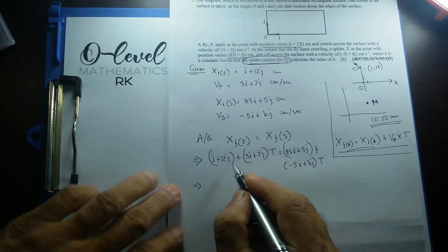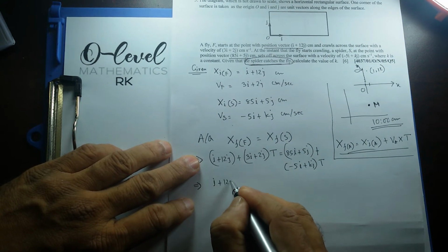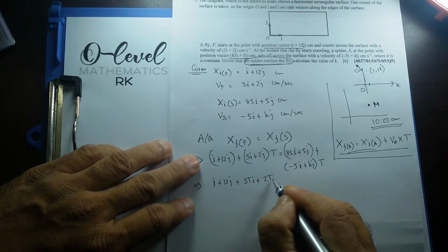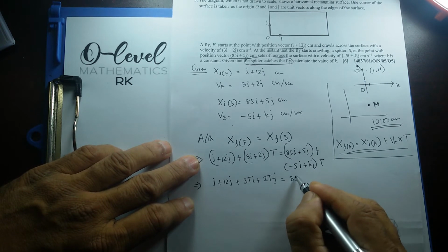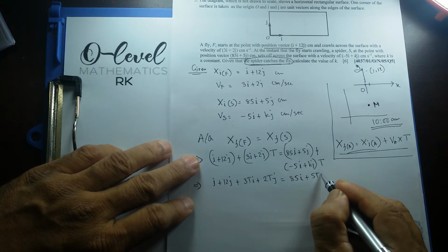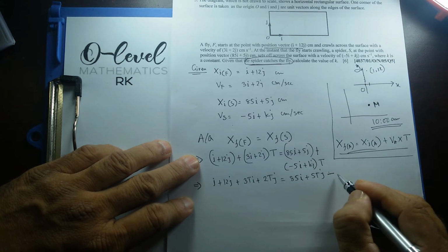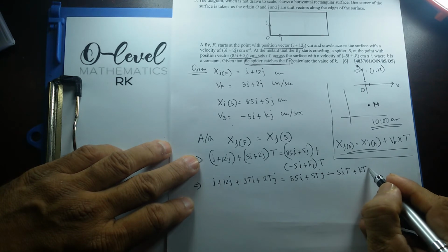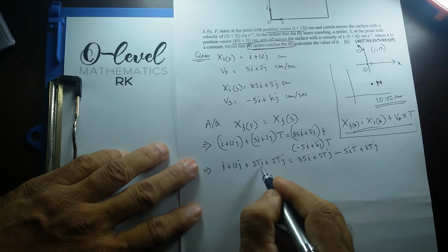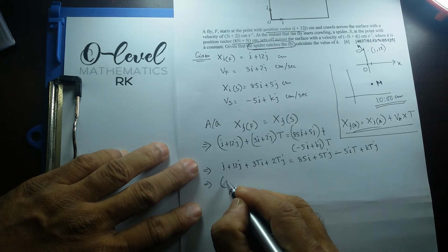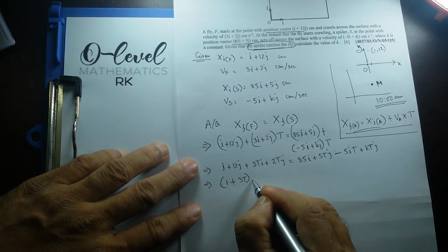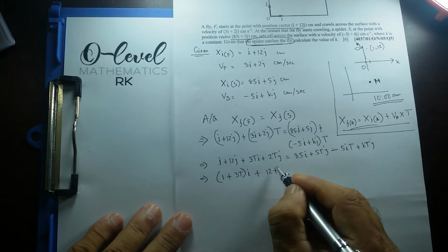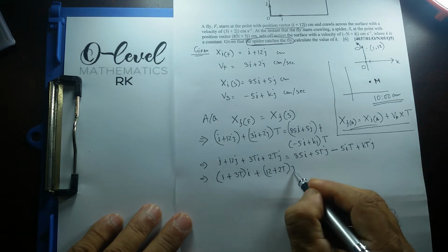Then I can simplify this: i plus 12j plus 3ti plus 2tj equals 85i plus 5j minus 5ti plus ktj. Now since I have i here, I can take i common. So it's going to be (1 plus 3t)i plus (12 plus 2t)j.